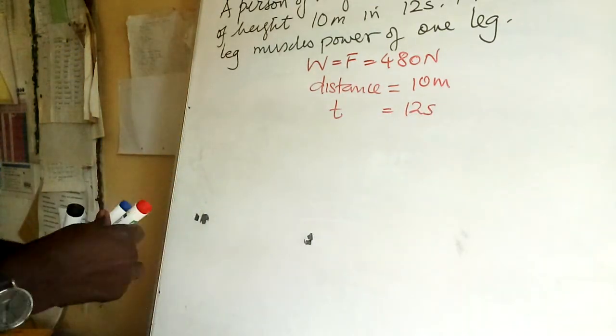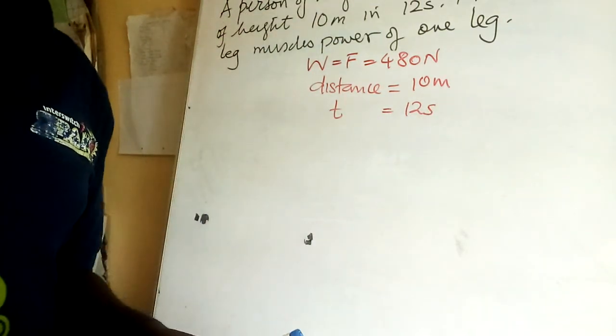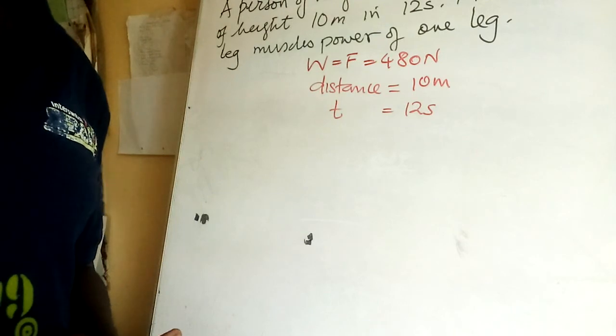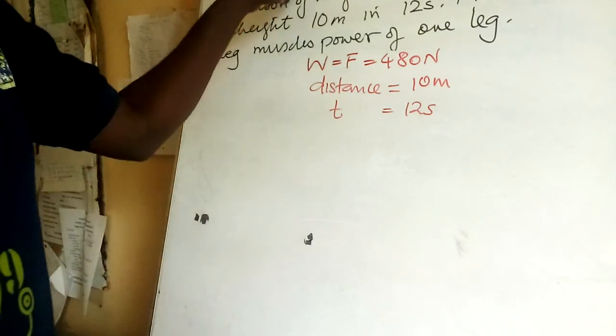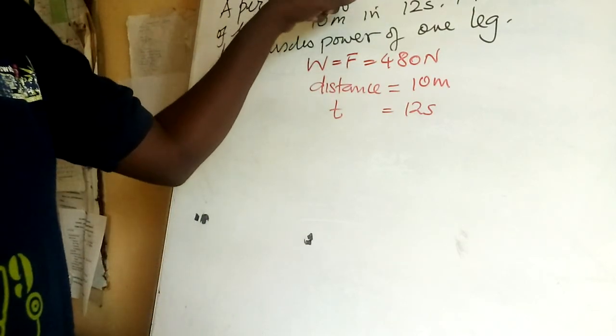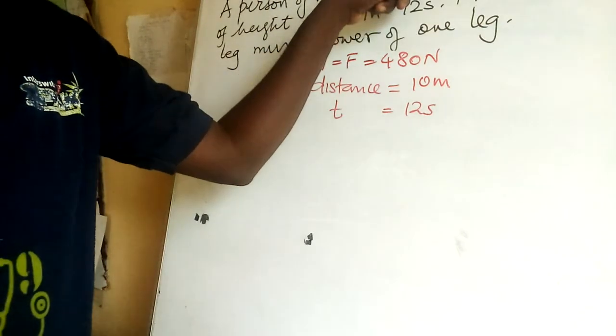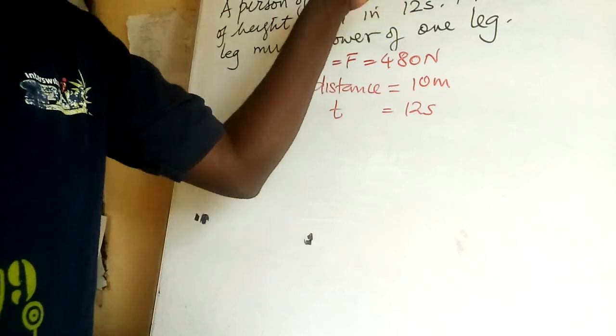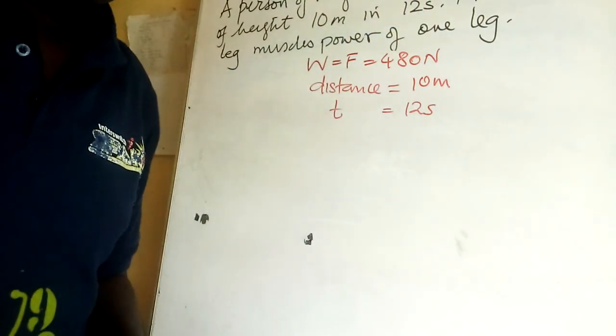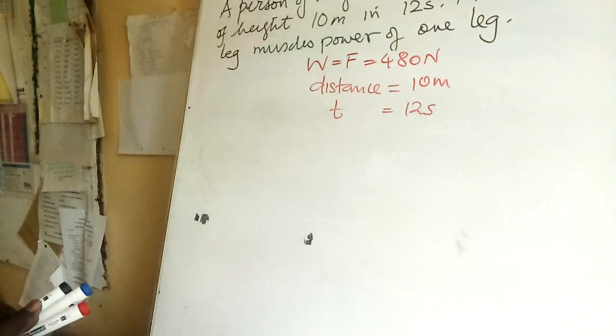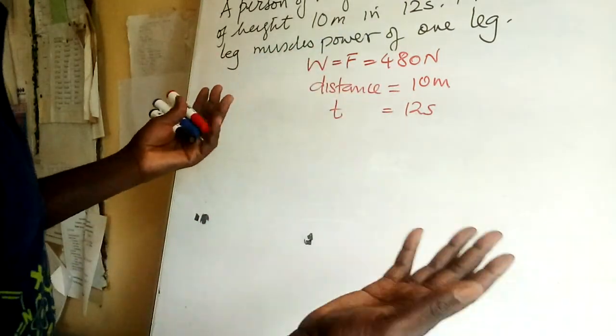Very important, our time here must be in seconds. So F in newtons, distance in meters, time in seconds. Here, force in newtons, velocity in meters per second. So you work with SI. Okay? Now, this is the scenario we have.